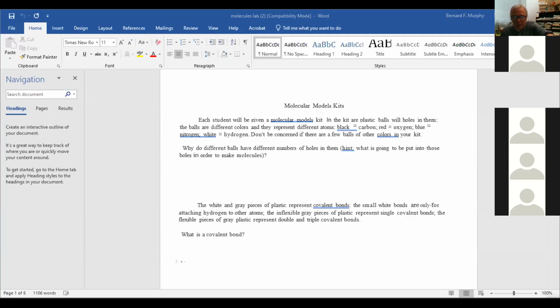The white and gray pieces of plastic represent the covalent bonds. The small white ones are only for attaching hydrogen to other atoms, then you have inflexible pieces of gray, and longer flexible ones. They represent single covalent bonds. So what is a covalent bond?